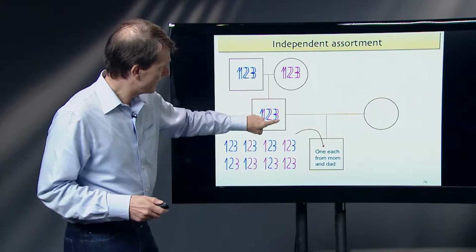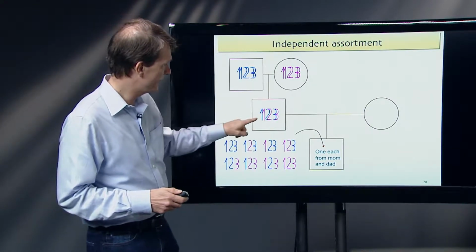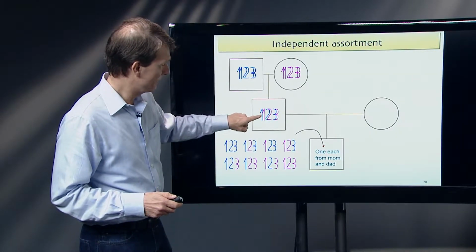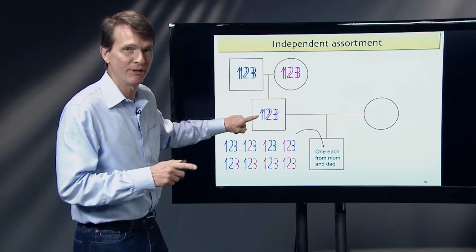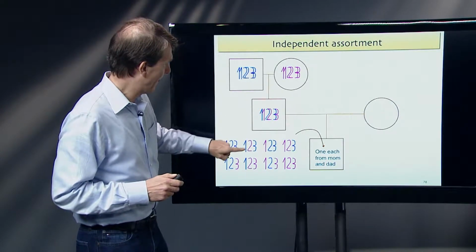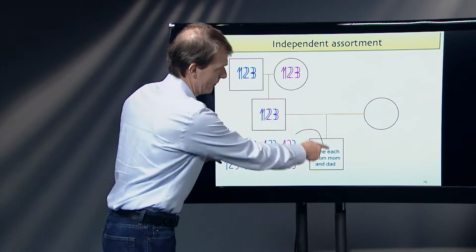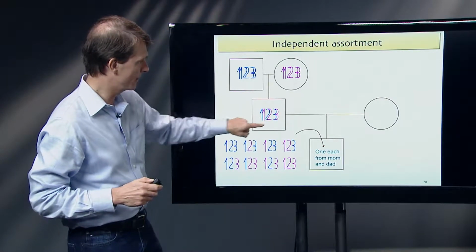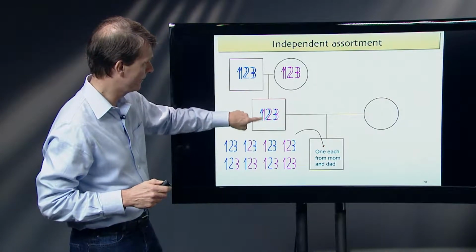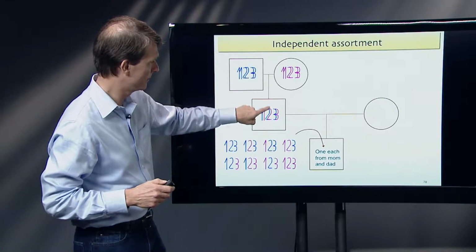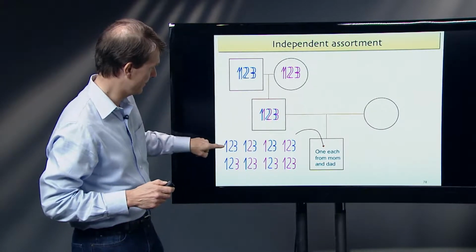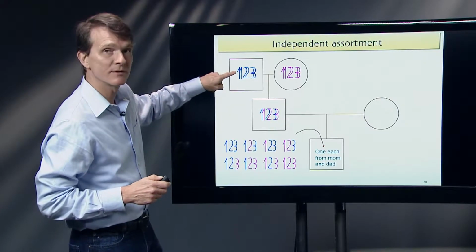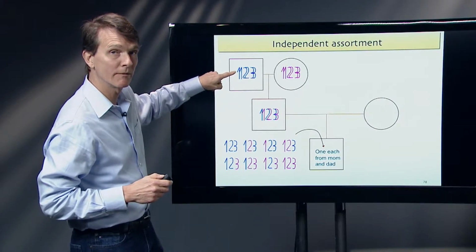Now, the way this happens here is that, for what goes in from the dad's side, you pick one of these. So you pick blue here, you might pick blue here, you might pick blue here. So you get blue, blue, blue. In other words, 3 chromosomes that all came from grandfather.